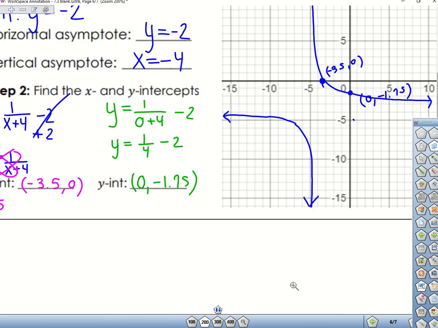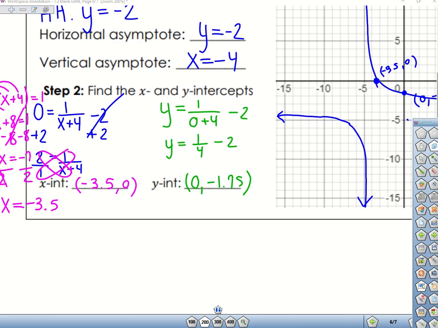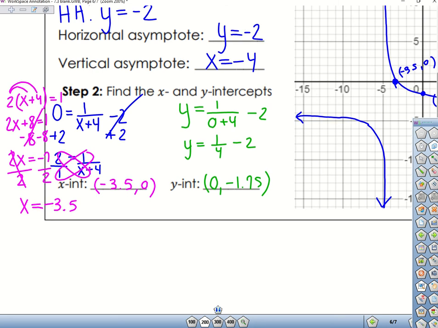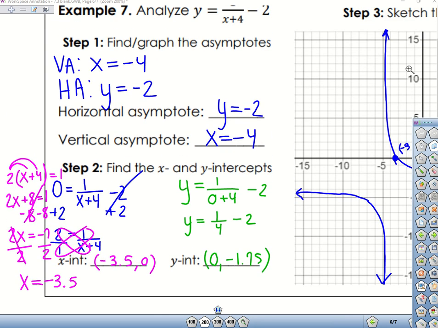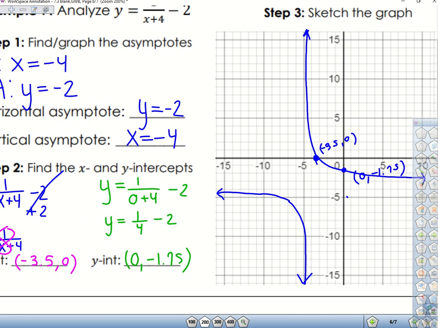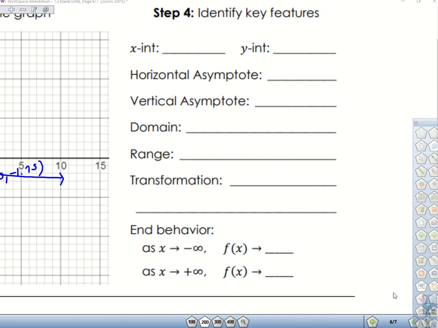All right. So now that we found our intercepts and everything, we're going to move on to the other side, which is going to be identifying the rest of these here. So identifying key features. We just found our x-intercept and our y-intercept.